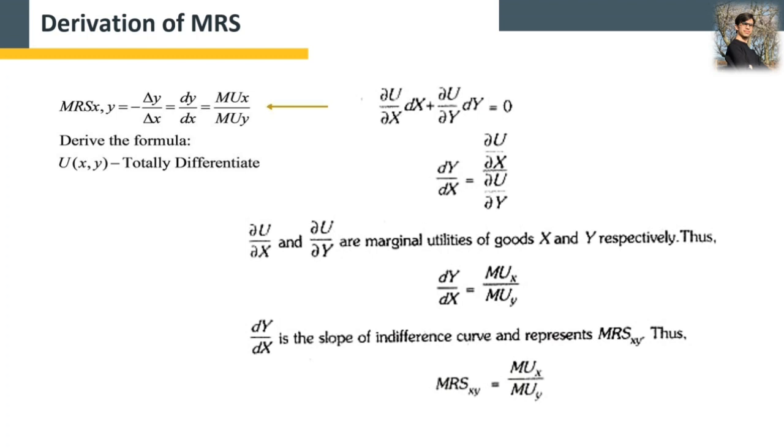How can we get this? If we have the utility function, u as a function of x and y, we are going to totally differentiate, or we can use the total derivative. By using the total derivative, we can get the answer.